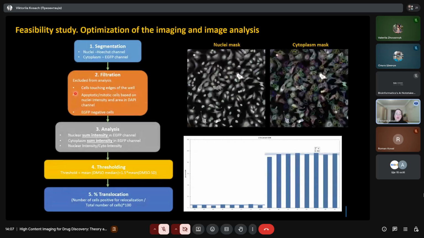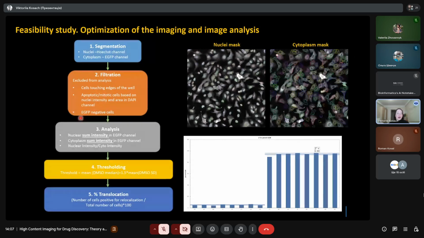Second, we filtered out apoptotic or mitotic cells based on their shape, so they will be round, and the intensity of DNA, because the DNA will be a very intense signal. So we also filtered them to not influence the ratio between cytoplasm and nuclei signal.